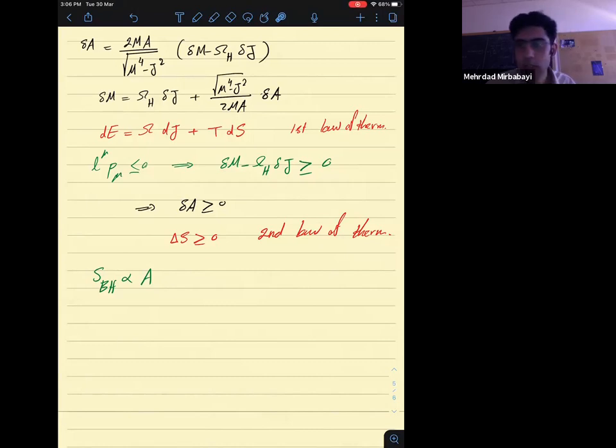That allows us to determine the temperature and therefore the proportionality constant. It turns out that this proportionality constant is related to Newton's constant. If we restore Newton's constant, the entropy is the area divided by 4 times G, G being Newton's constant. Any questions?